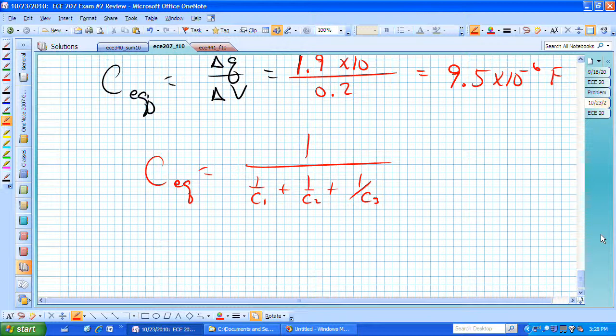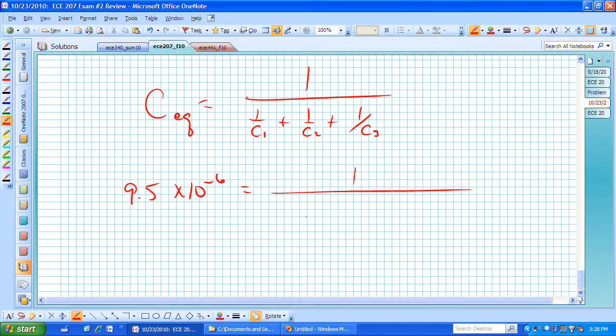Or we can now say that we have effectively 9.5 times 10 to the minus 6, that was our C equivalent, is equal to 1 over 20 times 10 to the minus 6 plus 1 over 100 times 10 to the minus 6 plus 1 over C sub 3.